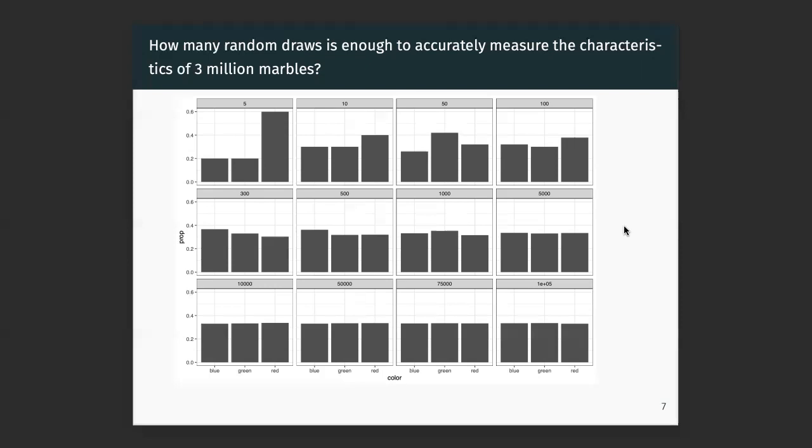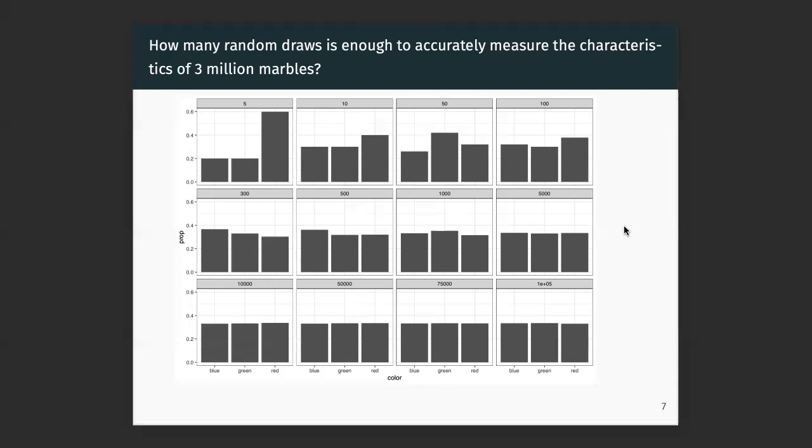We're using X bar to make an inference about mu. We don't know mu in practice. We want to learn mu. Because this is a simulation, we know that mu is 0.33. What we observe for X bar, for blue, we observe that in our sample, the average ball had a probability of about 0.2 of being blue, had a probability of 0.6 of being red.